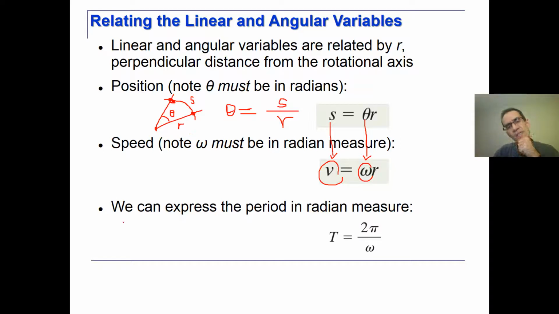Here's another thing that is going to show up when we think about circular motion. It's the idea of the period of a rotational motion. If you go back to the original position, you do a 2 pi angle, and if you divide that by the angular velocity, you actually get the time it takes to complete a full oscillation, right?